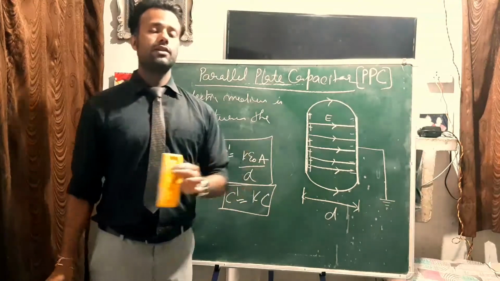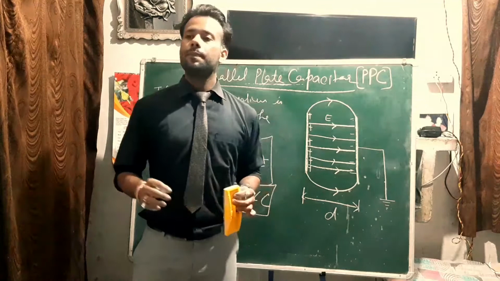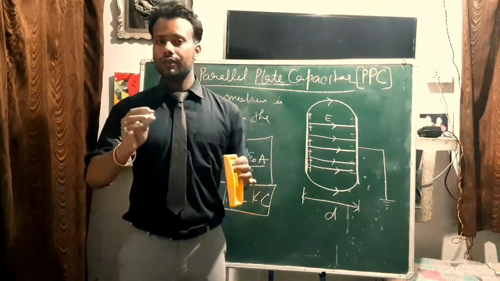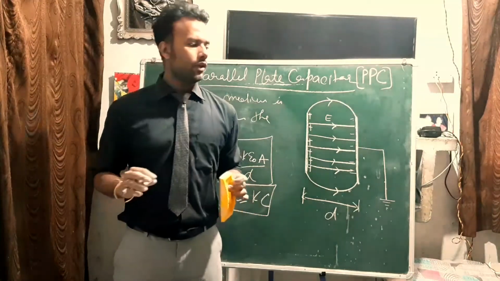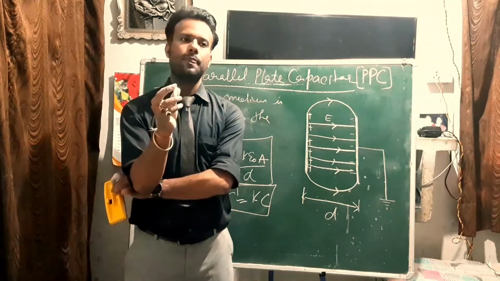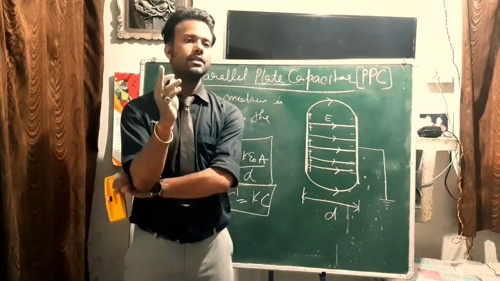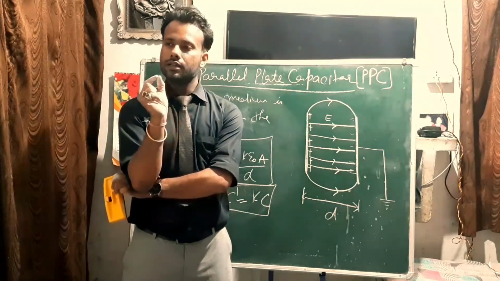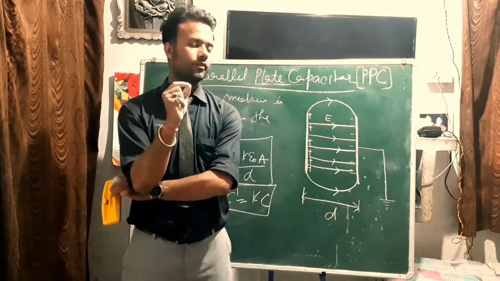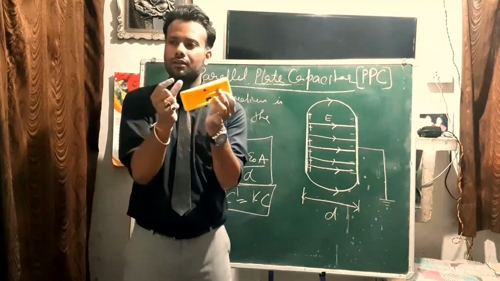So in order to increase the capacitance of the capacitor, we fill it with some dielectric medium, right? If we have some condenser which has been damaged, you can open it and you can see that between the plates there is some paper-like object, right?